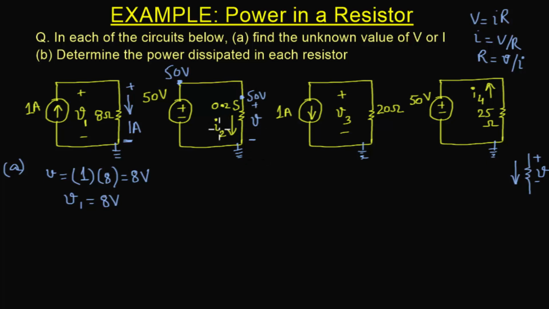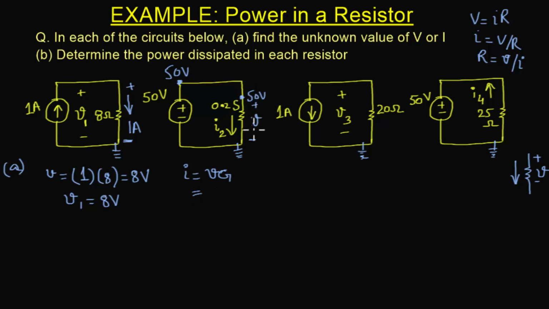We need to find the current. So current, using this formula, I equals V over R. But here we are given this conductance. So instead of 1 over R, we can write V times G, which is voltage times conductance.